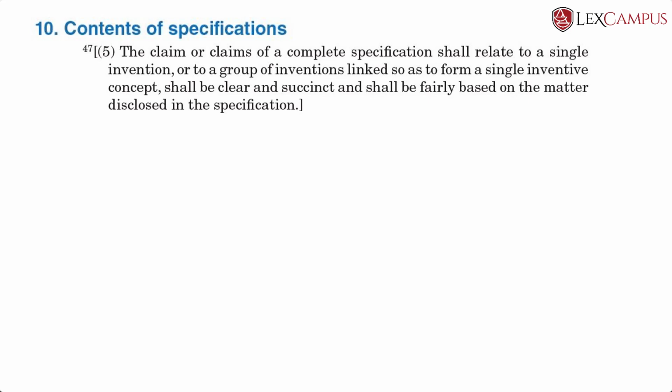So, either way, whether you draft the description first and carve out the claims, or draft the claims first and work back on the description, you are going to ensure that the claims are based on the description, to get over this objection that could come from the patent office in case the claims are not fairly based on the description.